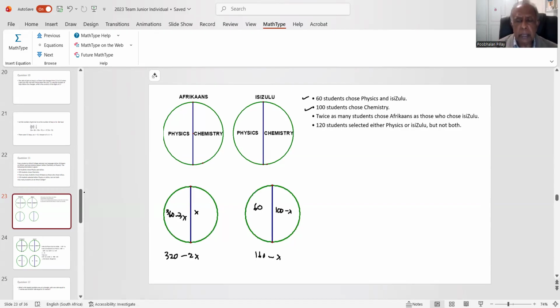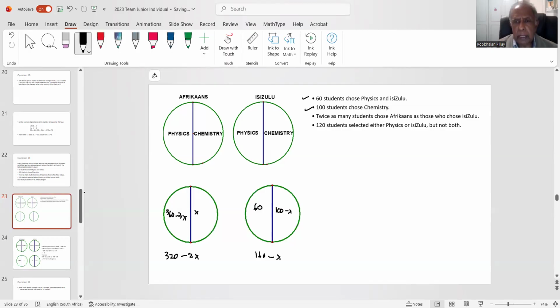So it means that these people chose physics and isiZulu. So we are looking at these students as either physics or isiZulu.